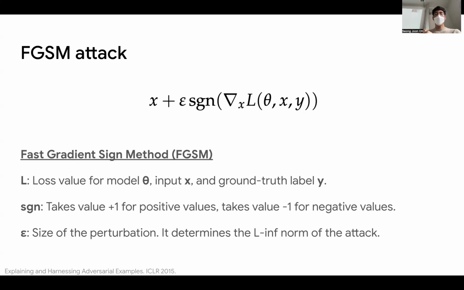So you're going to have a map that consists of +1, -1, and 0. Then you multiply by the scalar epsilon for every element, and add this signed gradient to the original image. That's the very simple FGSM attack. It's also very cheap because you only need one forward pass and one backward pass, and that's it. You generate the attack right away.